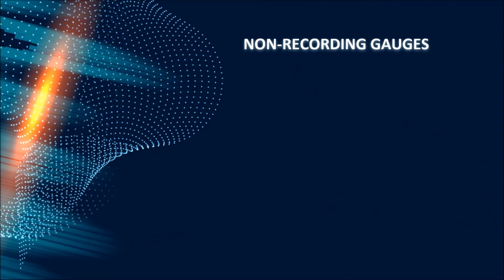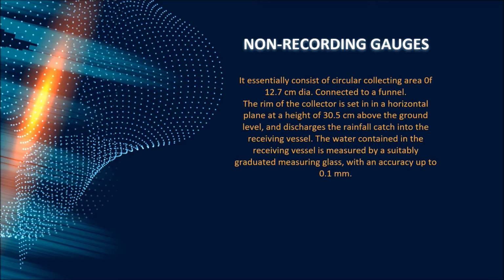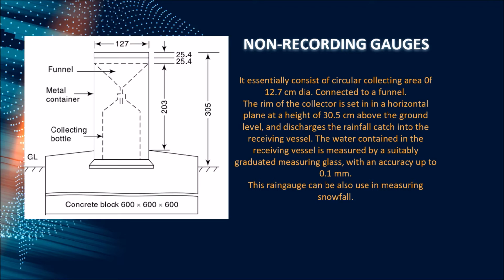The non-recording gauge extensively used in India is the Symons gauge. It essentially consists of a circular collecting area of 12.7 cm or 5-inch diameter, connected to a funnel. The rim of the collector is set in a horizontal plane at a height of 30.5 cm above the ground level.